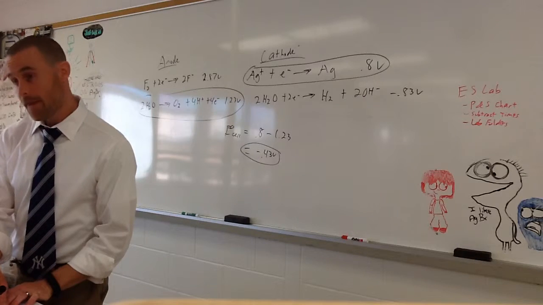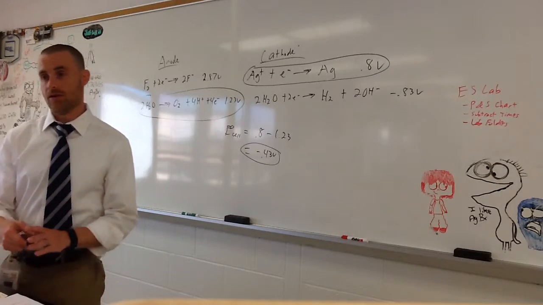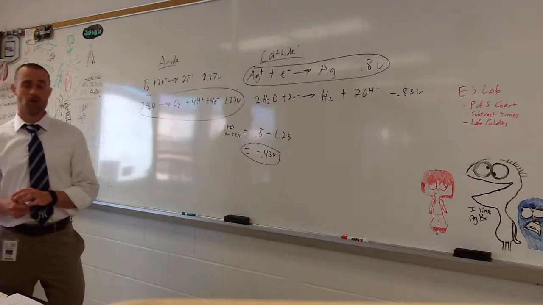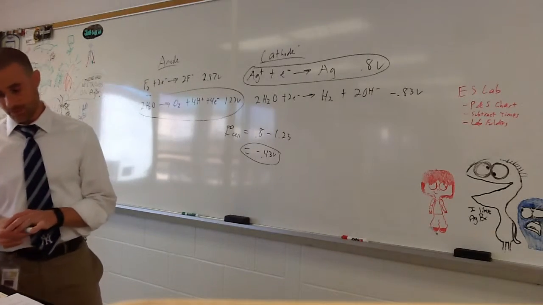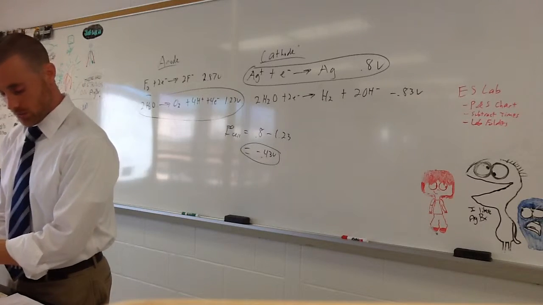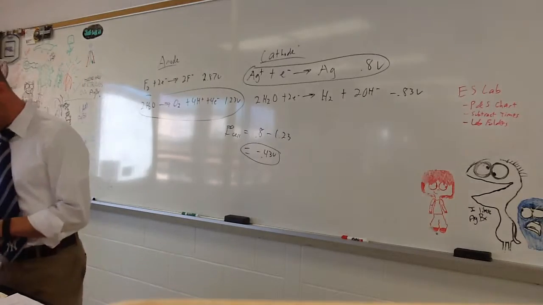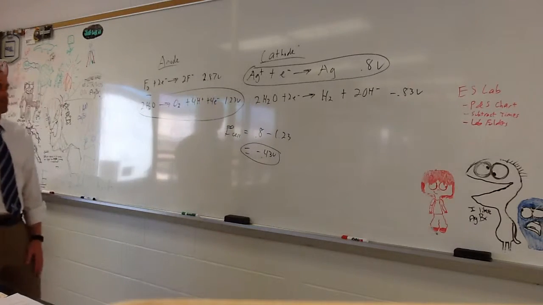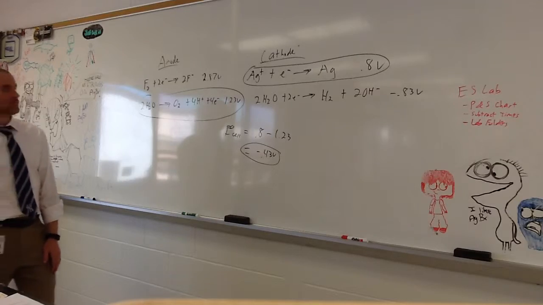Would you have to multiply it to get the same amount of electrons on both sides? Nope, it's already good to go. So you would ignore the electrons, but yeah, you could combine them. The half reactions are given to you. All right, so that's that.